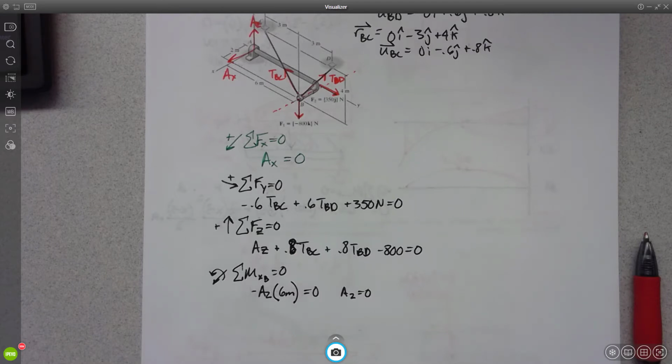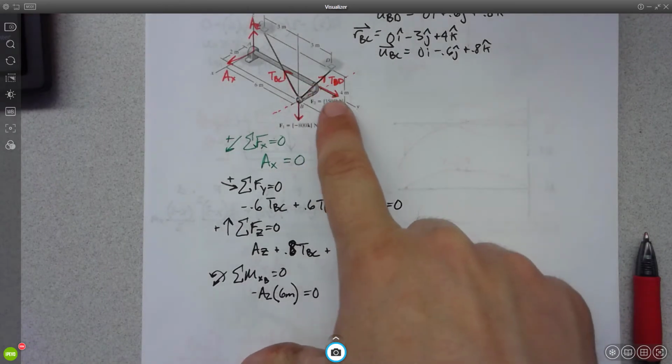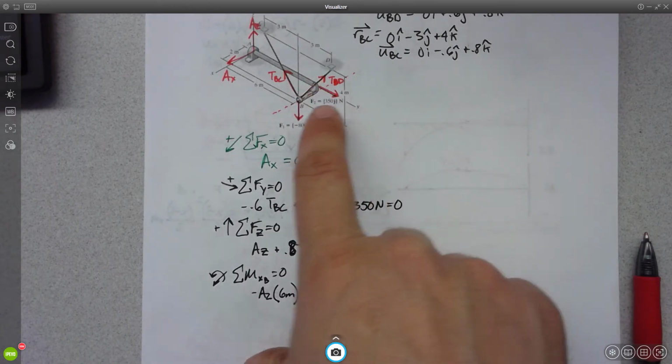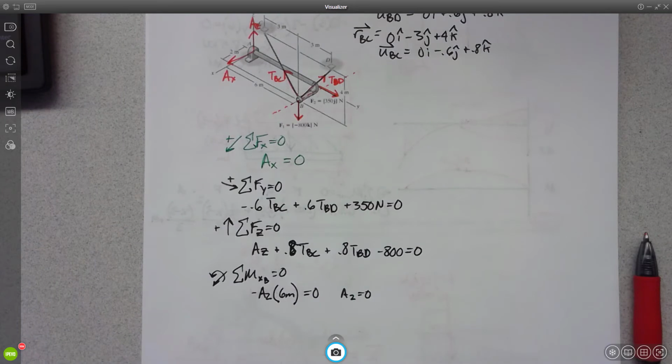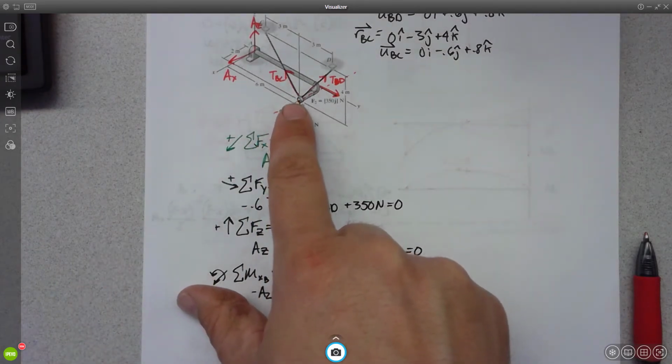Why don't you feel like that's right? The reason I don't like it is because we have 350 acting along the y-axis. They can counteract it in the y direction, but they can't counteract the moment that it would cause, right?